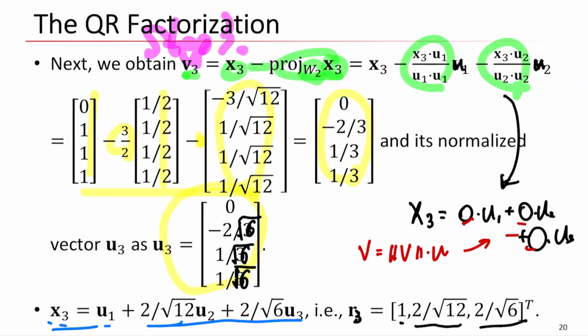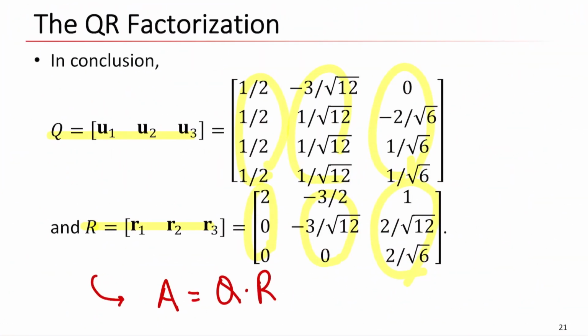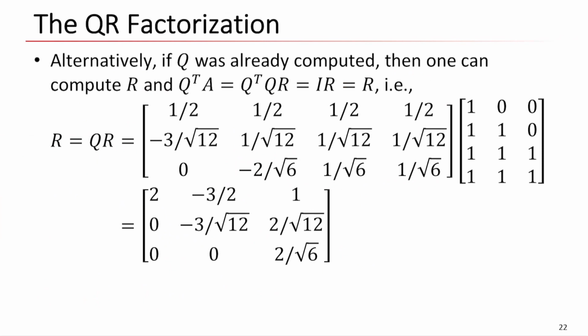Actually, if you just follow these 3 pages, it looks really complicated to find the matrix R because it needs a more complex way to estimate each vector R. So we will think about a more efficient way to compute this one. Okay, so from A is equal to QR, what we want to do is just find out the matrix R, right?